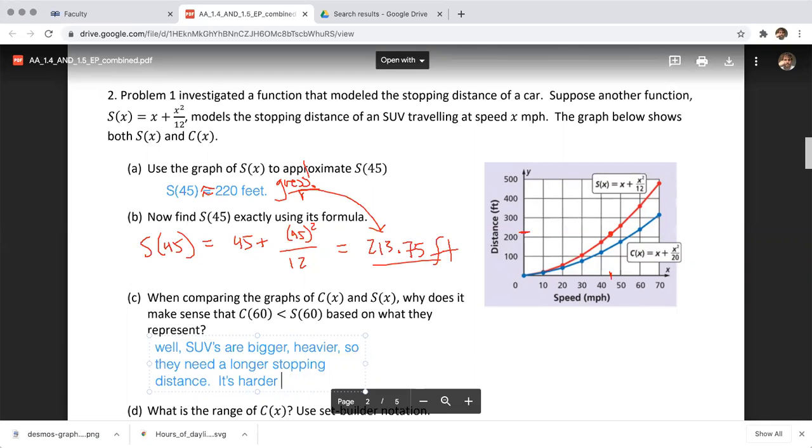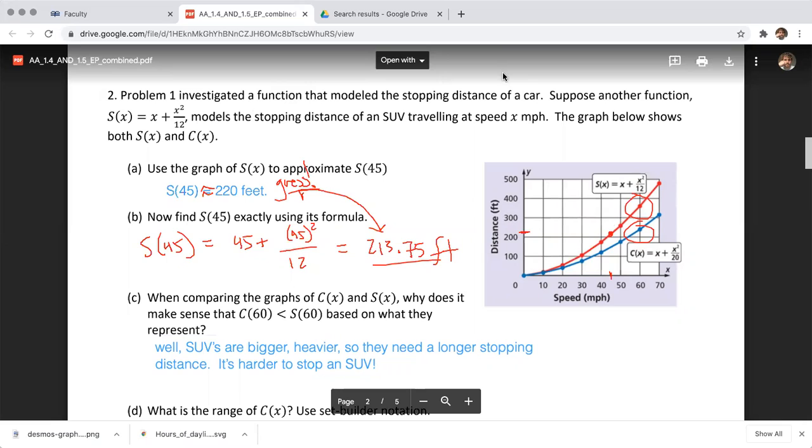It's harder to stop an SUV. So it makes sense that S of 60, which is right here, would be bigger than C of 60. It takes longer for the SUV to stop.